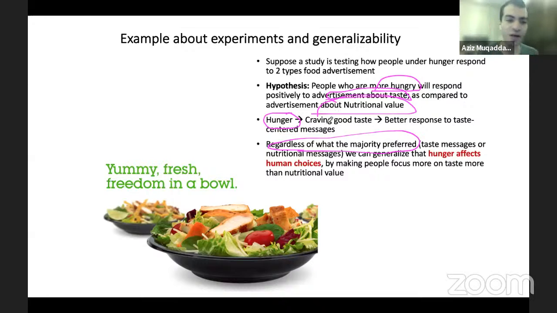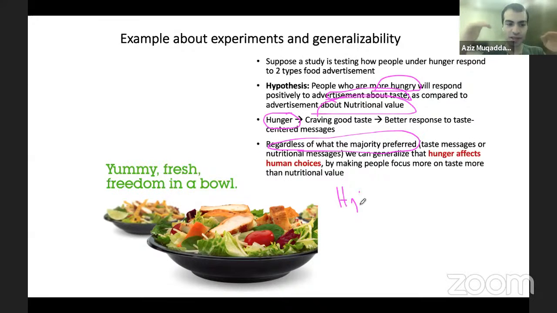So assuming we found this is true, that people in the hunger condition responded better to taste messages than nutrition messages, we can generalize that people in general, in the real world, when they're hungry, would look for taste-appealing meals, regardless of what happens under normal circumstances.